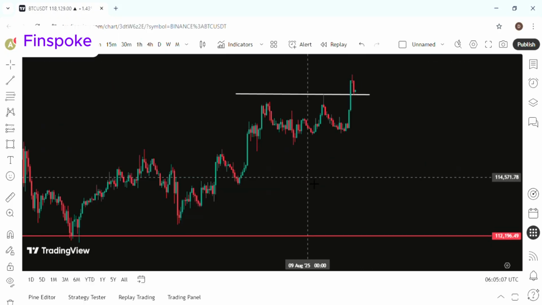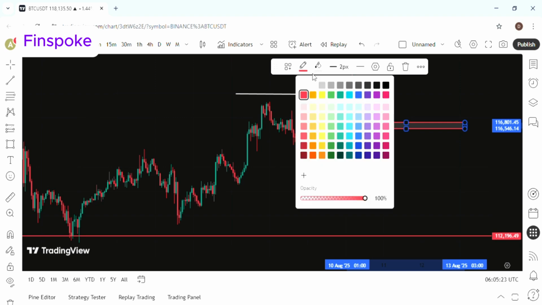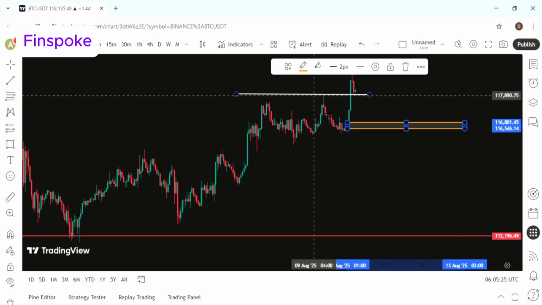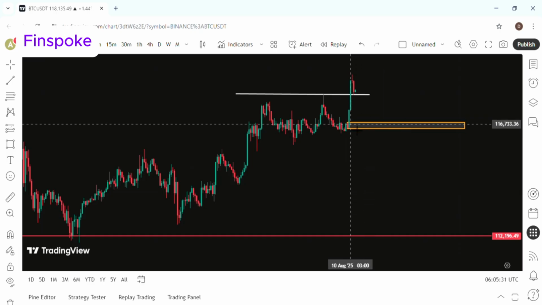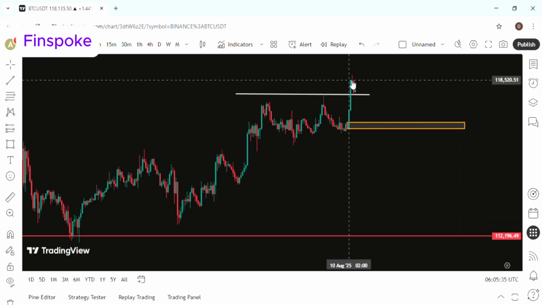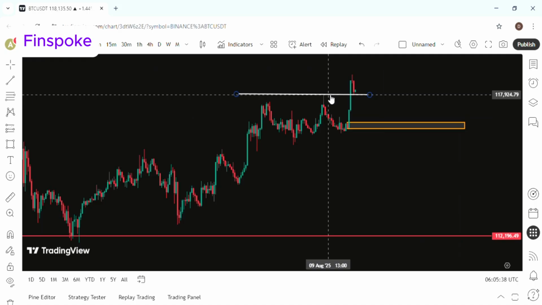Using the SMC method, that is Smart Money Concept, I want to mark the demand zone. This zone is where price got to, and it expanded to the upside, breaking this structure.